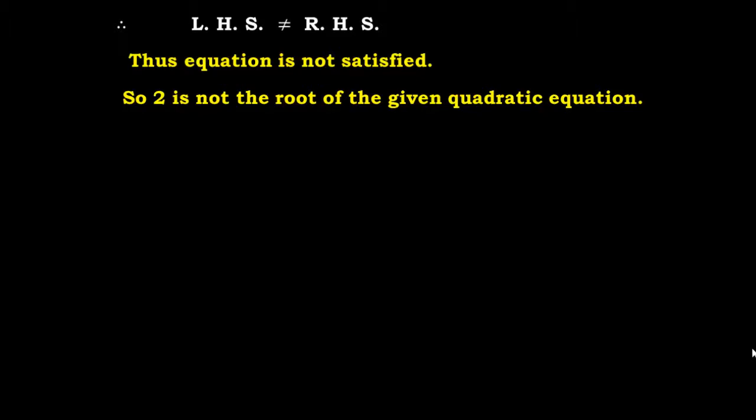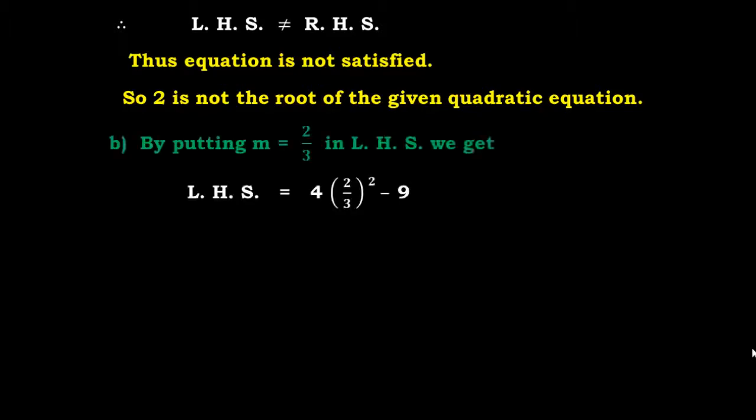See, in this way we can find whether it is a root of the quadratic equation or not. We have to put m is equal to 2 upon 3 in LHS. So LHS will become 4 into 2 upon 3 the whole square minus 9. 2 upon 3 the whole square will become 4 upon 9. Now see student, 4 into 4 will become 16 upon 9 minus 9.